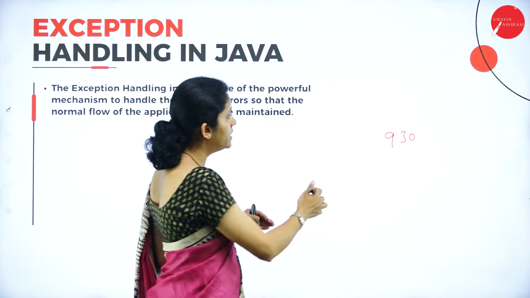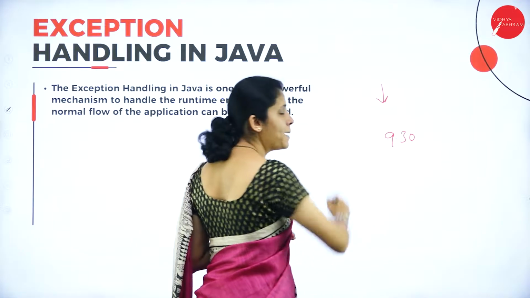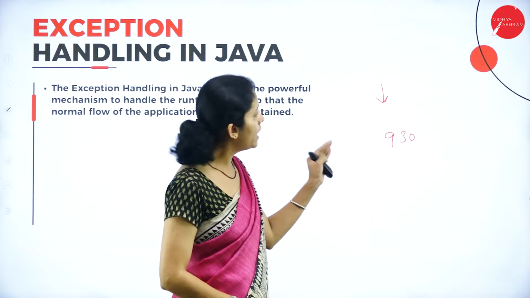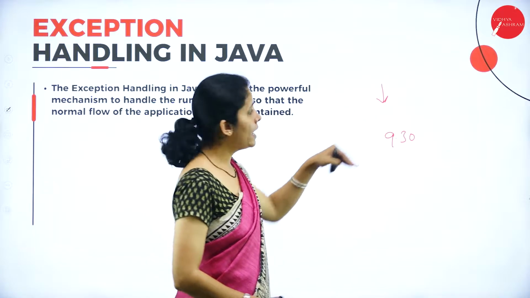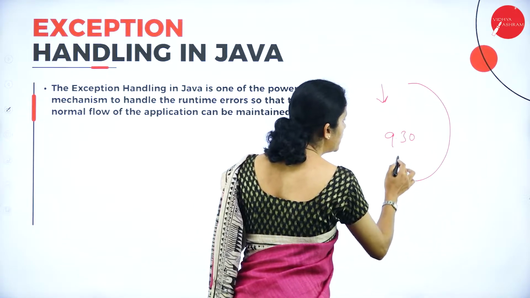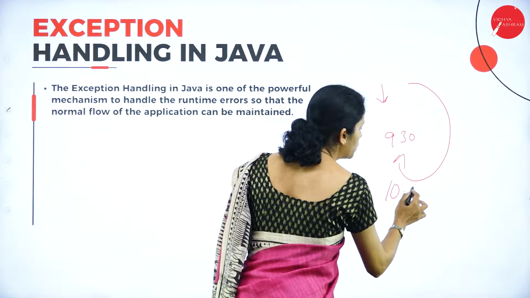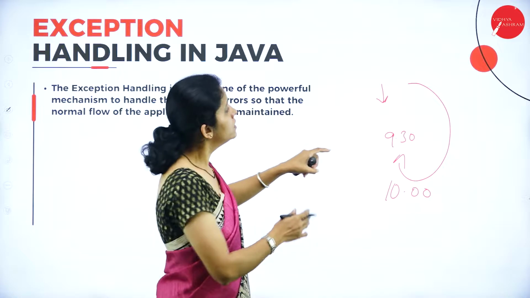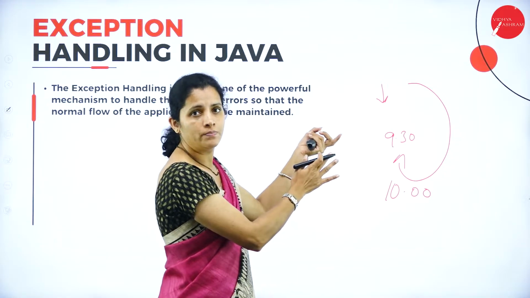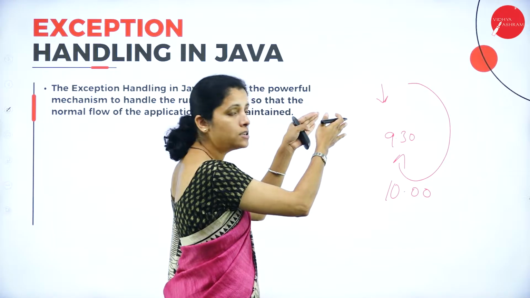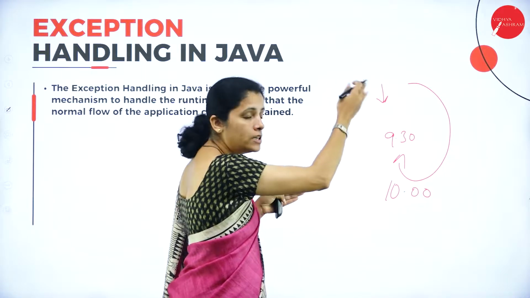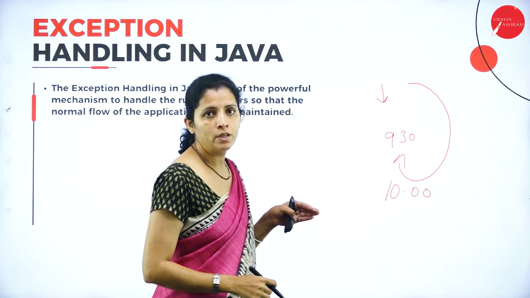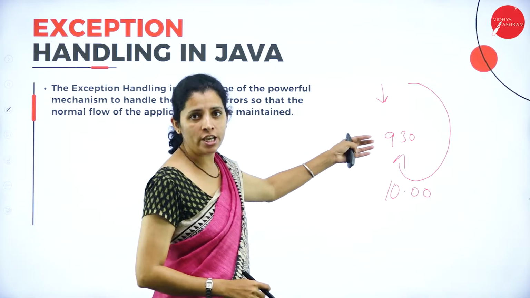Now, if there is any traffic jam while coming to the college, then what's going to happen? You have to change the route, and you're going to reach the college by 10 o'clock. So this is nothing but the delay, or the flow is changed. Traffic occurs and you take a deviation and reach the college by 10 o'clock. So the flow is going to change.